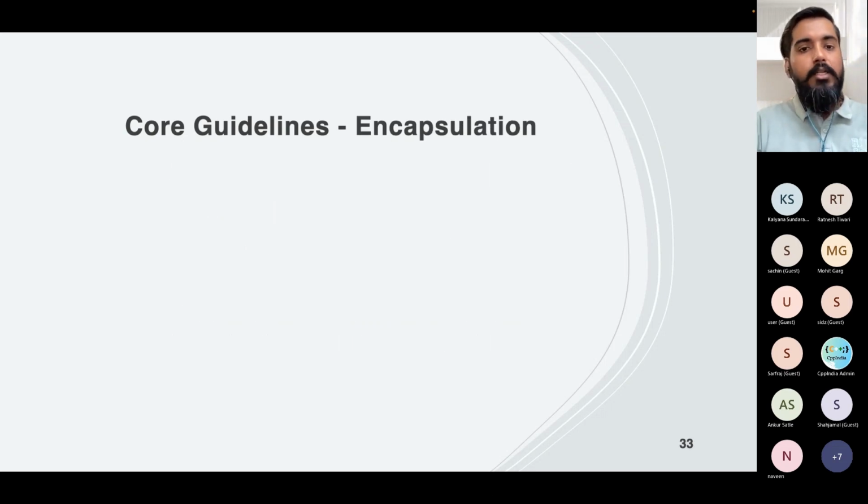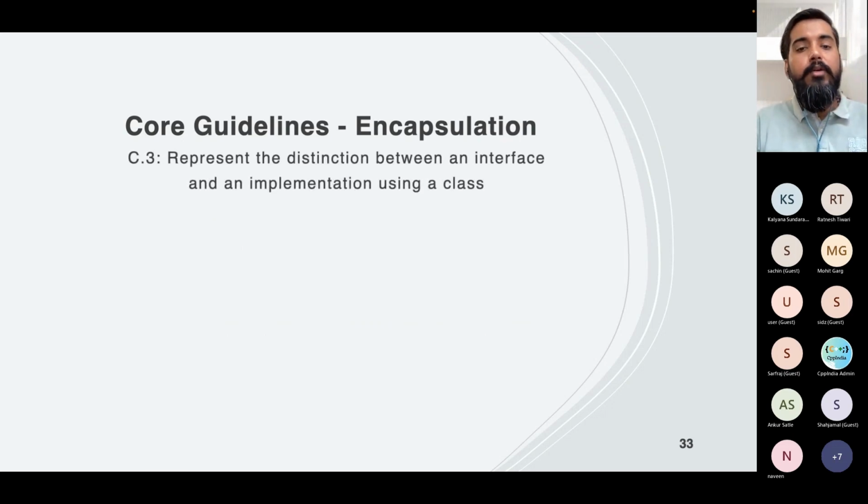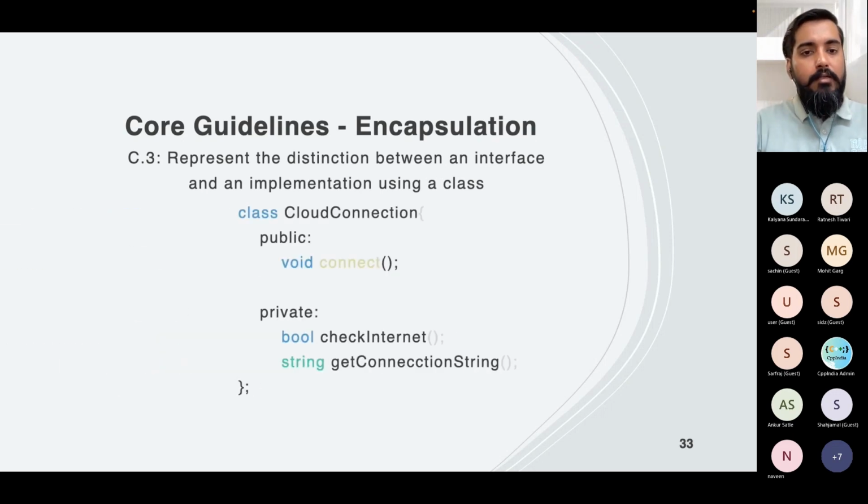Then the next category is encapsulation. Represent the distinction between the interface and implementation. If I have a class CloudConnection, I will add one public interface, say connect, and I will hide my internal details, because when I'm going to connect, I'll have to check for internet availability. I will have to check the connection string, where I have to connect.